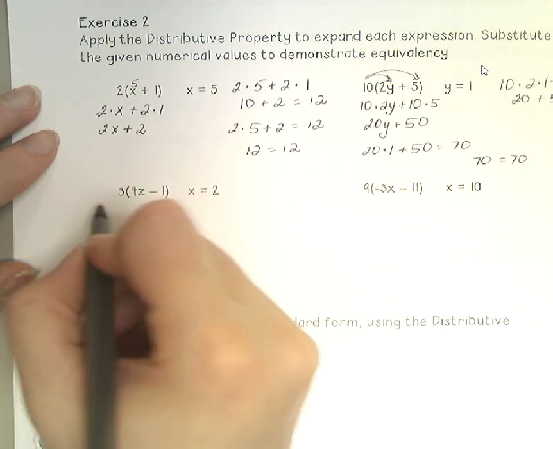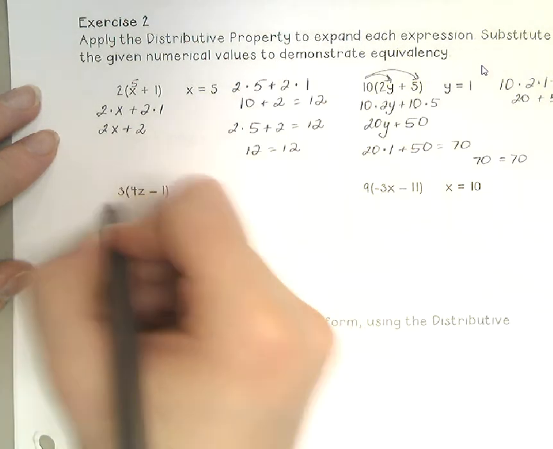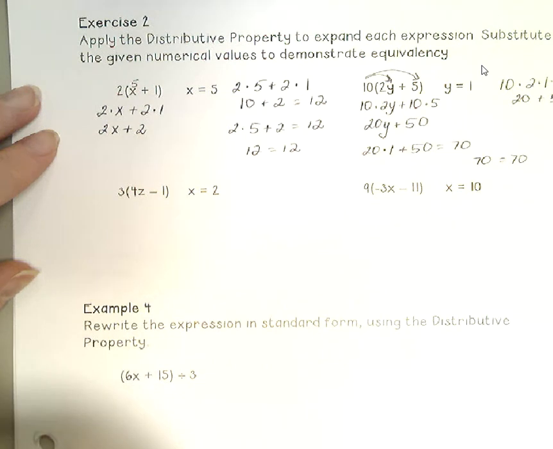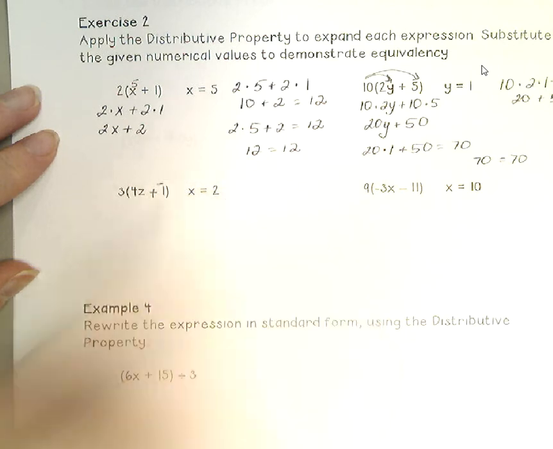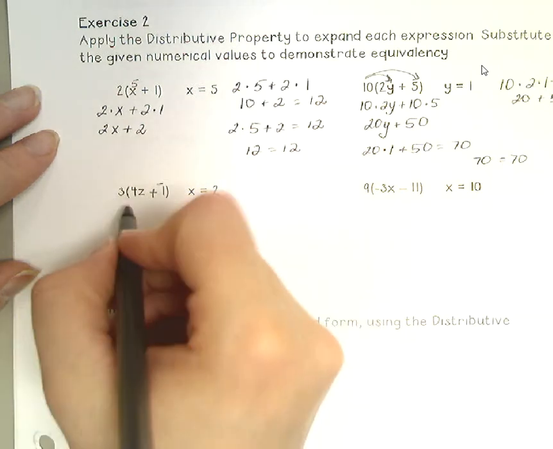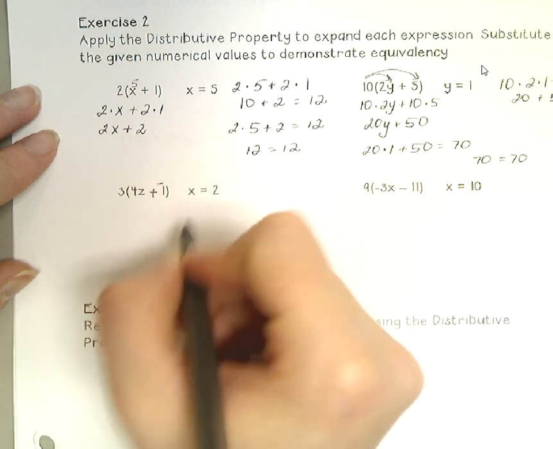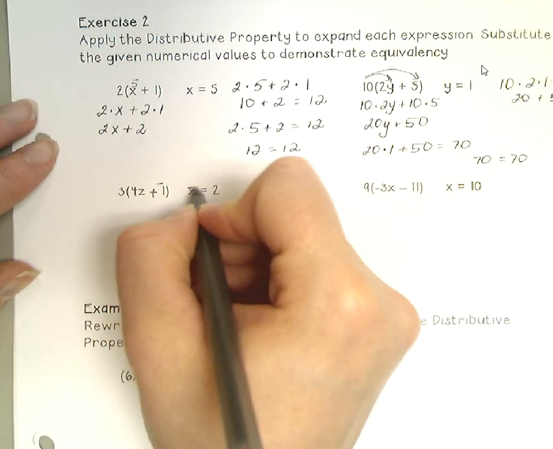Okay, next one. 3 groups of 4z minus 1. I see subtraction here. I need to change my subtraction into addition of its inverse first before I do anything else. So I have now z equals 2.